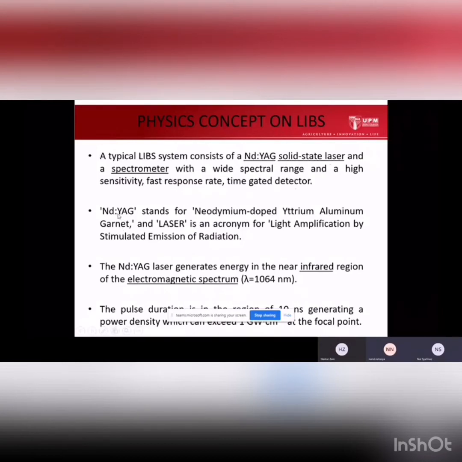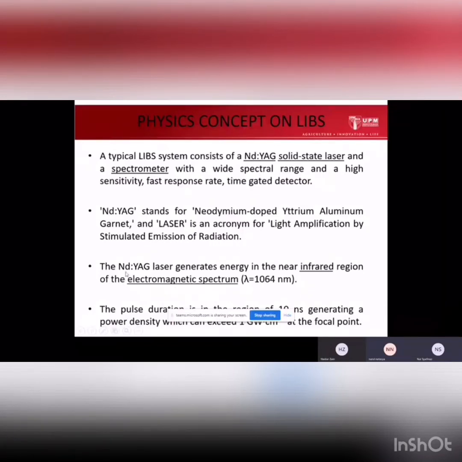Nd:YAG stands for neodymium doped yttrium aluminum garnet, and laser is an acronym for light amplification by stimulated emission of radiation. So basically LIBS involves the process of stimulated emission of radiation.